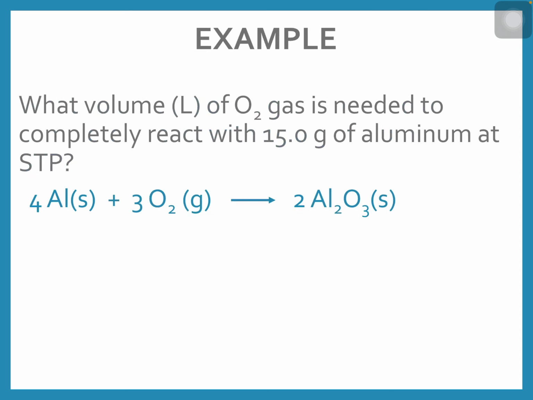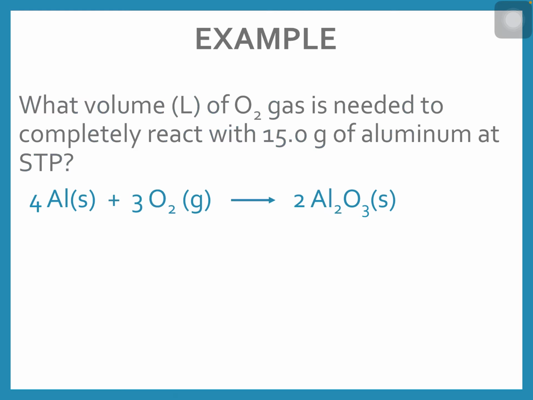Okay, what volume in liters of oxygen gas is needed to completely react with 15 grams of aluminum at STP? So we started off with looking at the relationship between volume and number of moles, and then changing a volume or number of moles, we could calculate whatever we didn't know. We then looked at molar volume at STP and SATP, and then that brought back our number of moles and mass conversions.